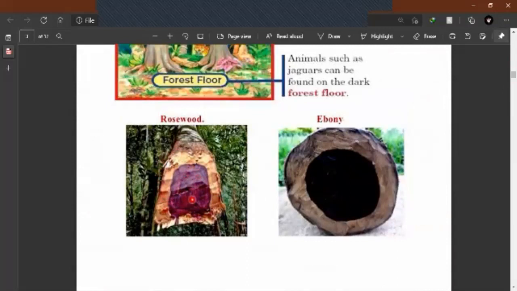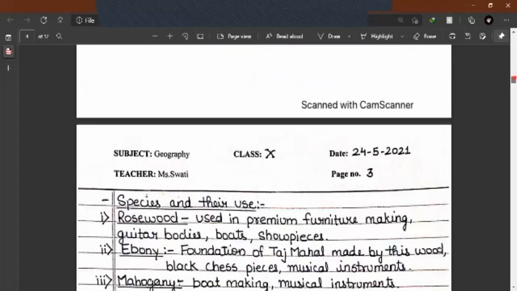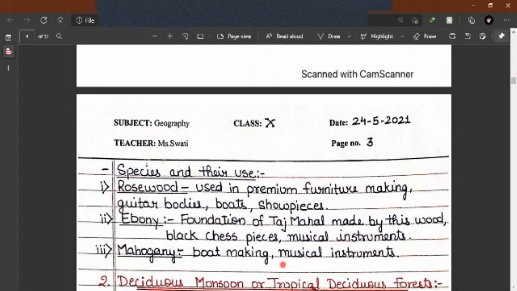Number two, ebony, which is black at the center. Foundation of Taj Mahal was made by ebony wood. Black chess pieces, musical instruments are also made by ebony. And the next one is mahogany, used for boat making and musical instruments making.